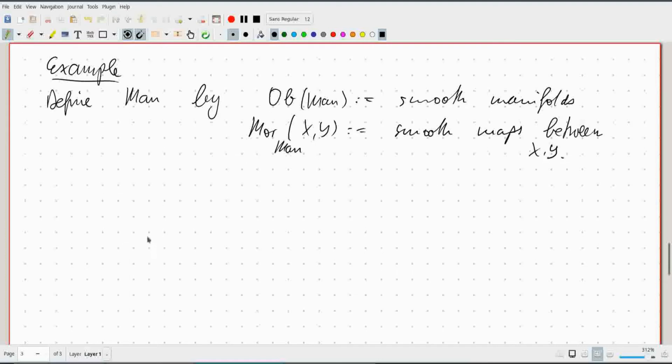And now we are trying to make this into a site, so we have to describe what a cover is. And now we're going to do something slightly different. Well, one way is we could just do the same thing as we did for the Zariski site. A cover is just a cover in the usual topological sense, but for manifolds it's actually a bit wiser to use a slightly different notion, or to be a bit more restrictive about what we call a cover.